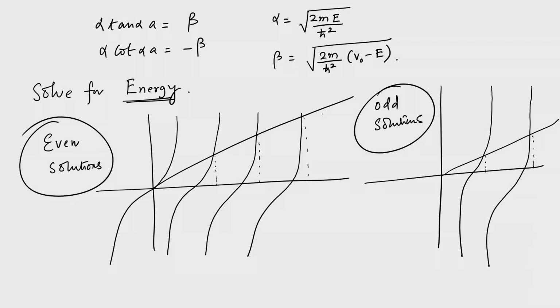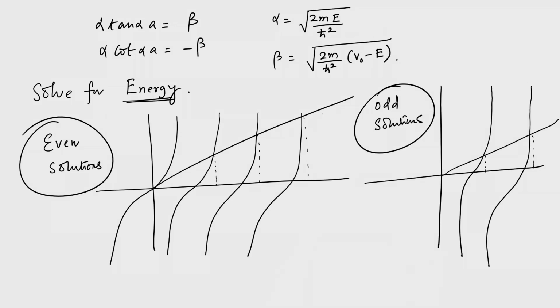That is called evenness. But if you look at this plot, you will not have an odd bound state, that is one that will change sign on changing the sign of x, for infinitesimally small energy.